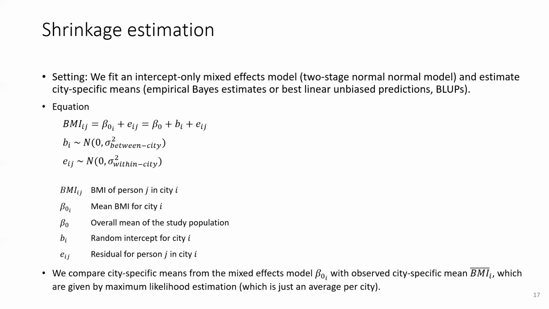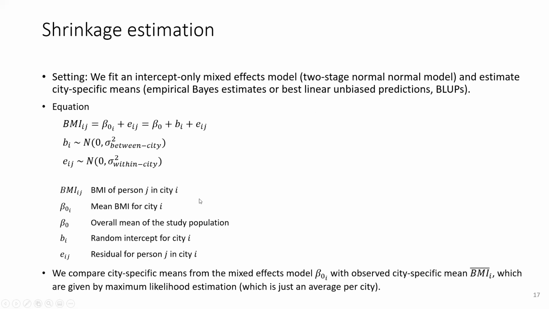And this city-specific coefficient, beta naught i, is decomposed into two parts: beta naught, which is an overall mean across all the cities, plus random intercept, which is a difference between overall mean and city mean, plus residual as previously. When we fit the mixed effect model, we assume that this random intercept and residuals both follow a normal distribution. And this is the reason why this model is sometimes called a two-stage normal model.